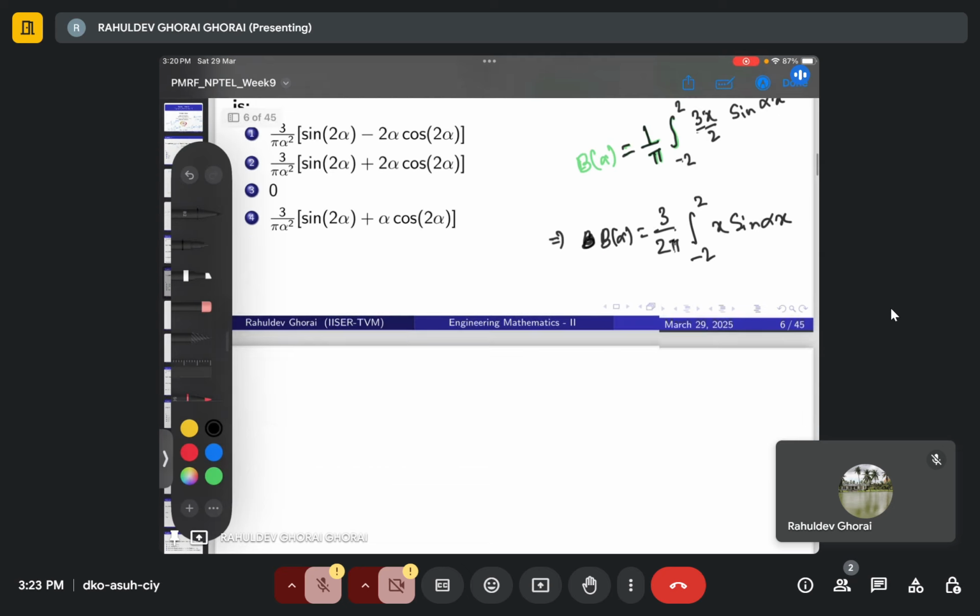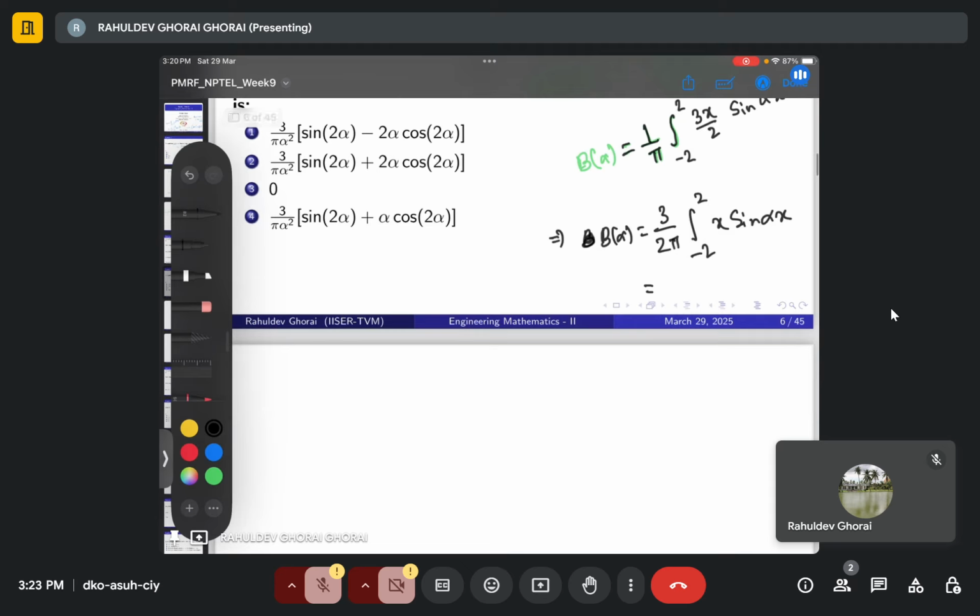Again, this one you can write as 3 over pi, integral from 0 to 2 of x sine alpha x.